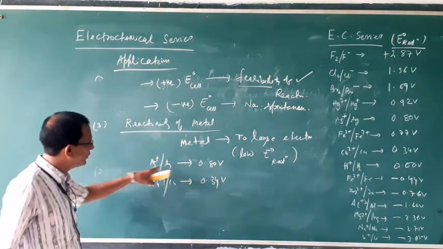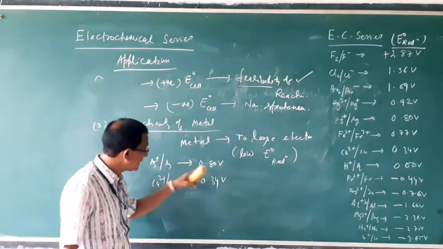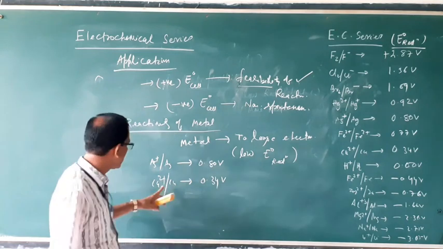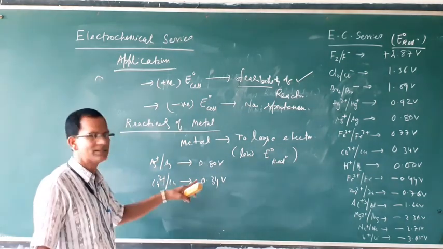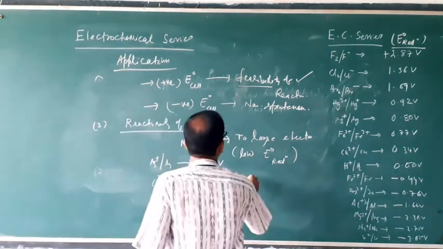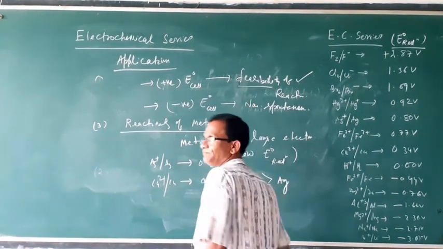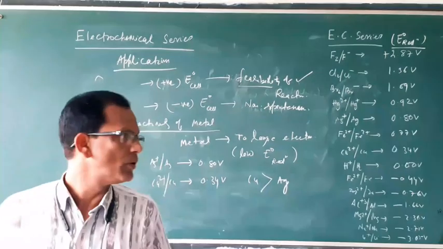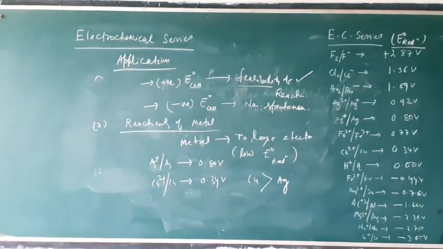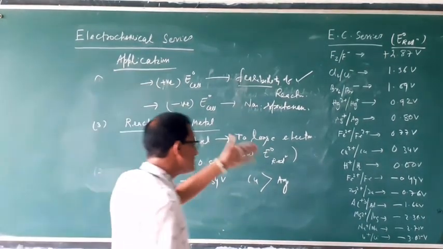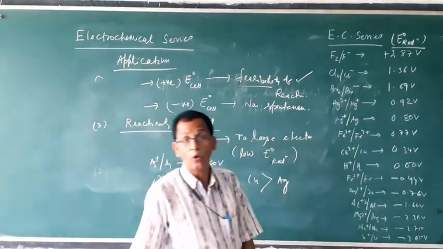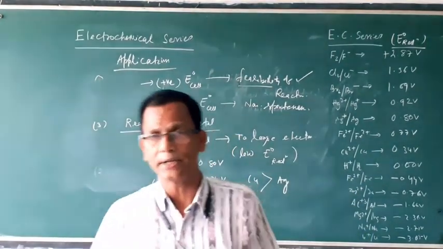So as silver has a high reduction potential and copper has a low reduction potential, that means copper is more reactive than silver. Copper is more reactive than silver. That means from the reduction potential value, we can say which metal is more reactive.